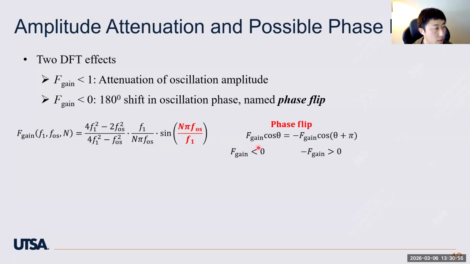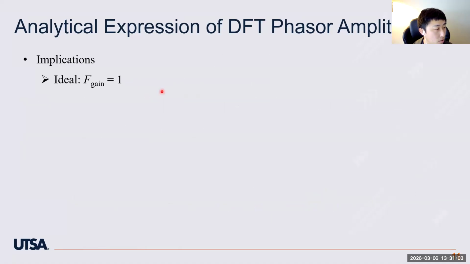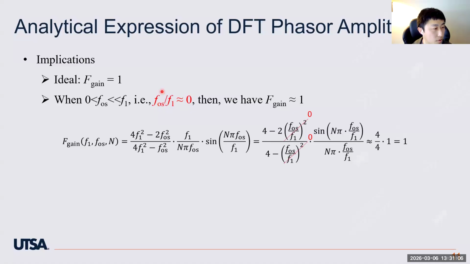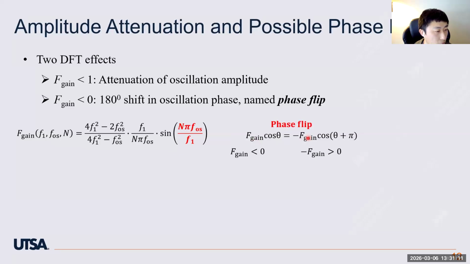When you think about the expression in the original signal here, m should always be a positive value to represent amplitude. How do we turn a negative value into a positive value? We change the cosine function by adding a pi offset there, and then minus F gain will become positive to meaningfully represent the amplitude. So that's why we have a 180-degree difference in the oscillation phase.